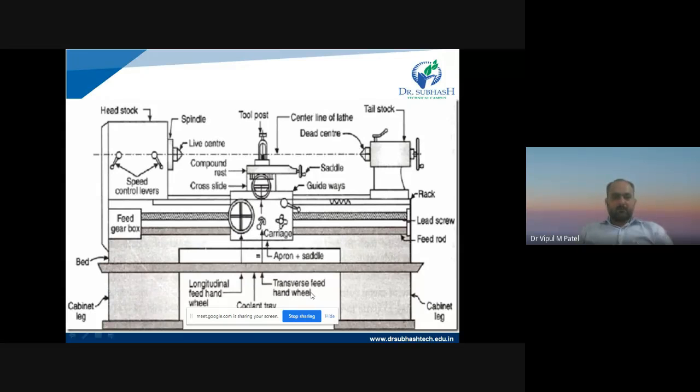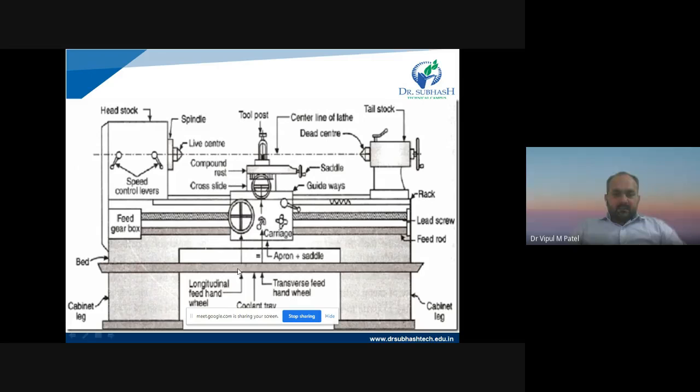I hope all of you have some idea regarding the longitudinal feed and transverse feed. In both directions, we have to move the single point cutting tool with the use of this carriage. Then we have to give the longitudinal as well as transverse feed to the single point cutting tool with the use of the hand wheel, right?